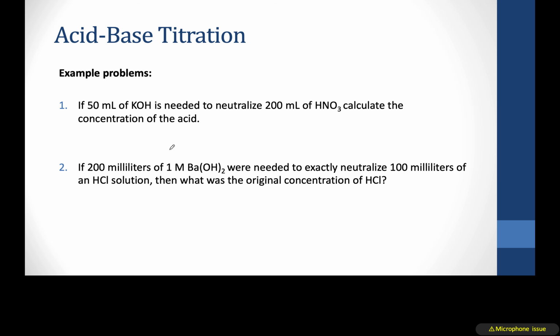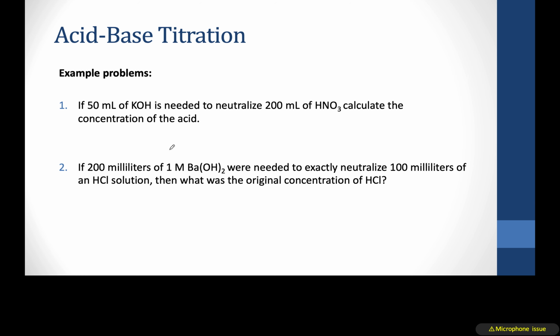Okay, so pump the brakes real quick because remember that we're going to be using liters here. And I know I'm very annoying. I gave you all milliliters in these example problems, but we have to convert to liters. So when I write it down, I'm going to convert to liters.